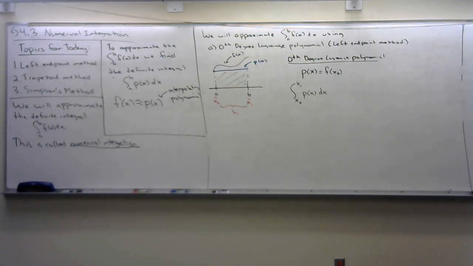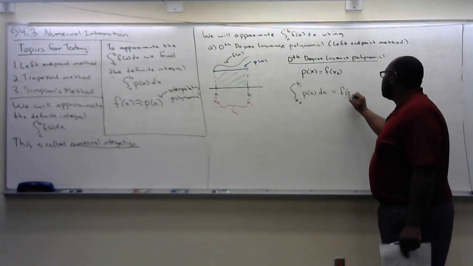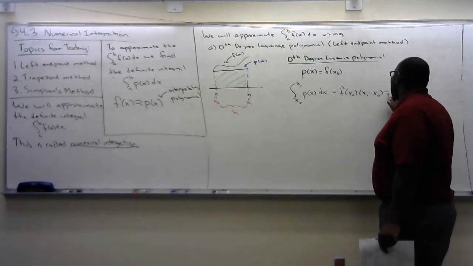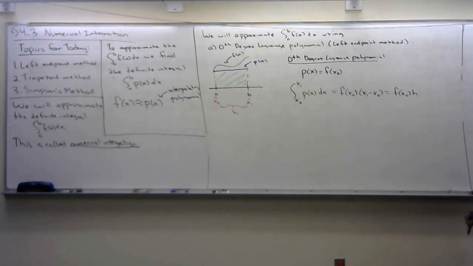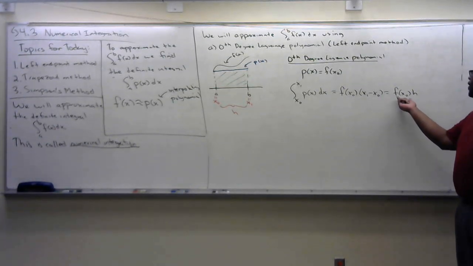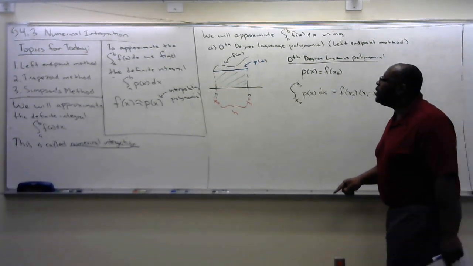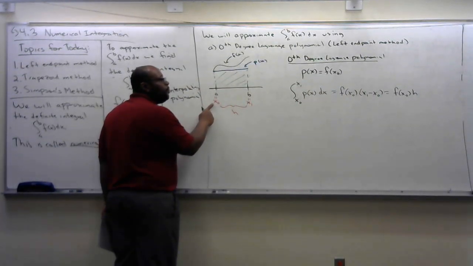You guys are pretty smart, you know that's the same thing as f of x naught times x1 minus x naught, or f of x naught times h. So the left endpoint method: I think of this as the height of my rectangle times the width of my rectangle. So f of x naught times h. And since I'm using the left endpoint of my interval, we call this the left endpoint method.